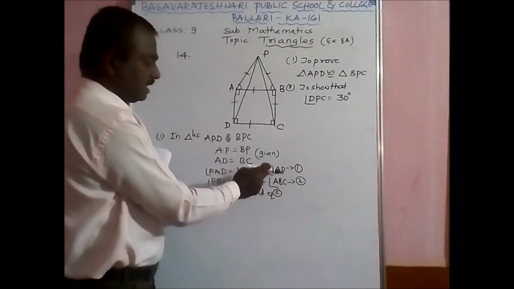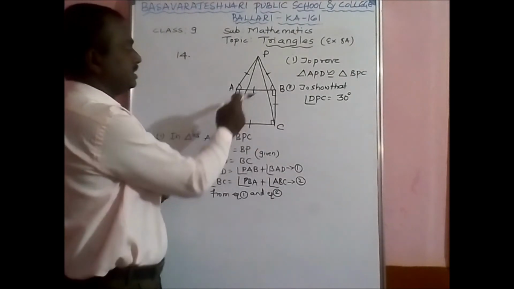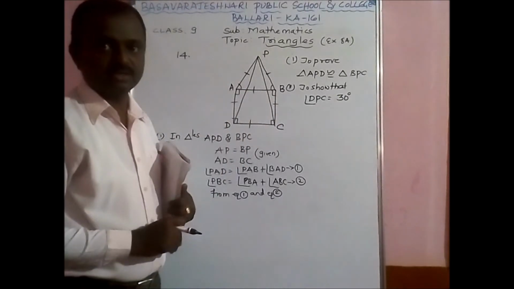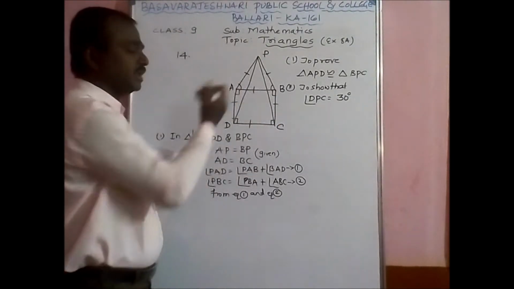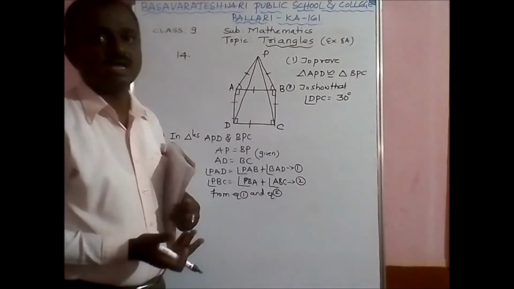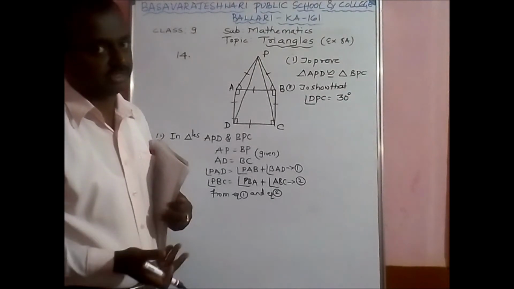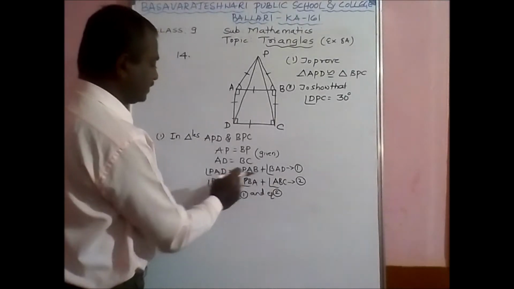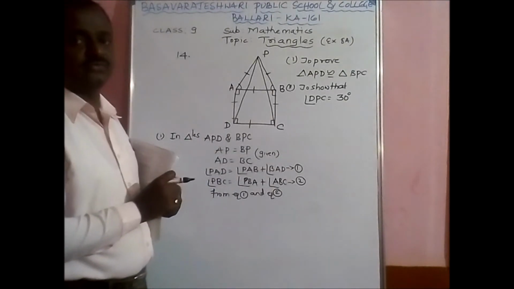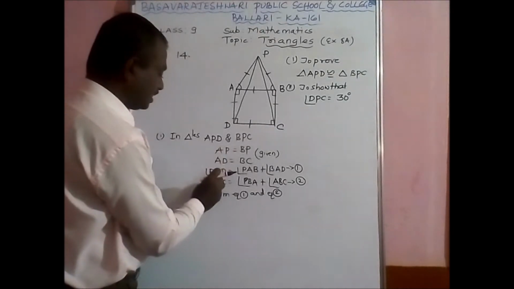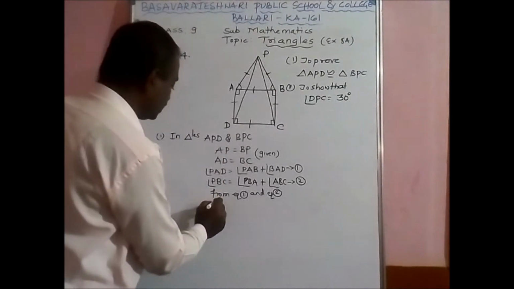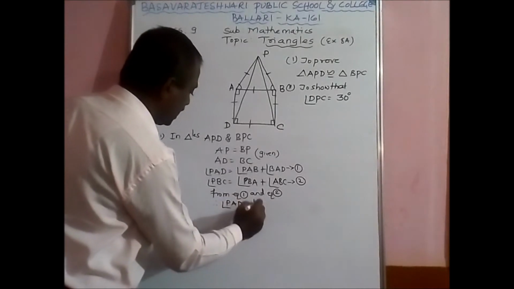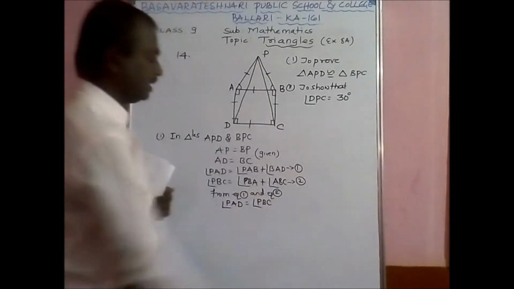And angle BAD and angle ABC are equal to 90 degrees, since it is nothing but a square, and all the angles in a square are equal to 90 degrees. So from equation 1 we can say RHS are equal, therefore LHS are also equal. So angle PAD is equal to angle PBC.